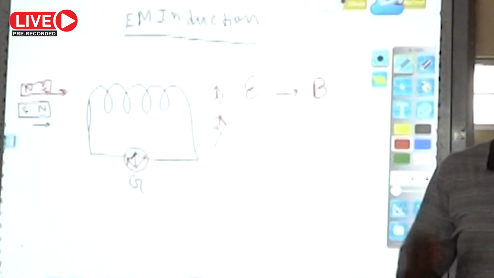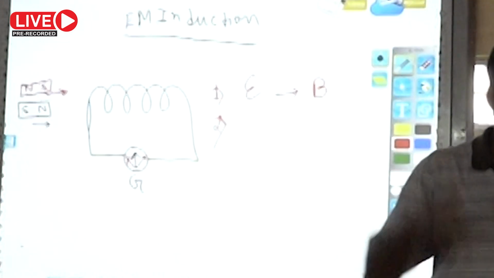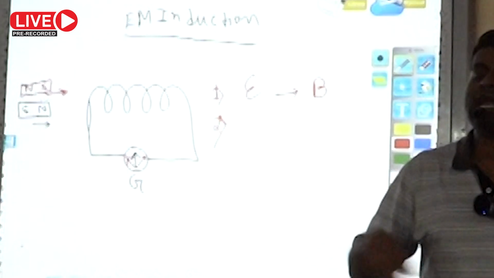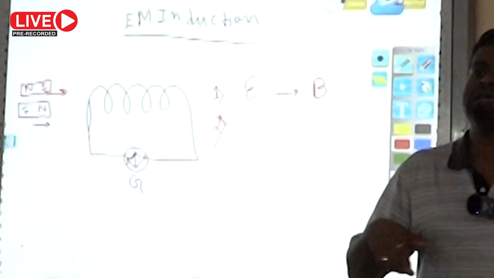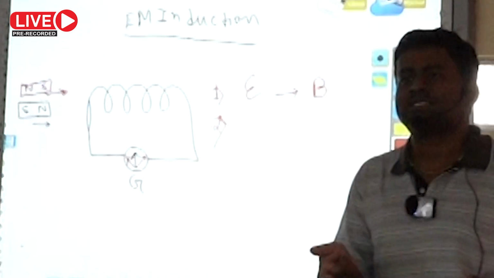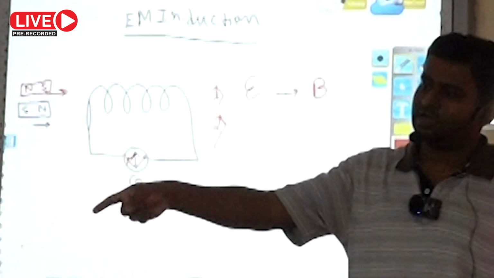Now if I do 8 turns, then the area of each turn will be increased. And if I take 2 turns, then I can consider that the area is changing. So actually if the number of turns changes, that means there is a change in area. Clear?